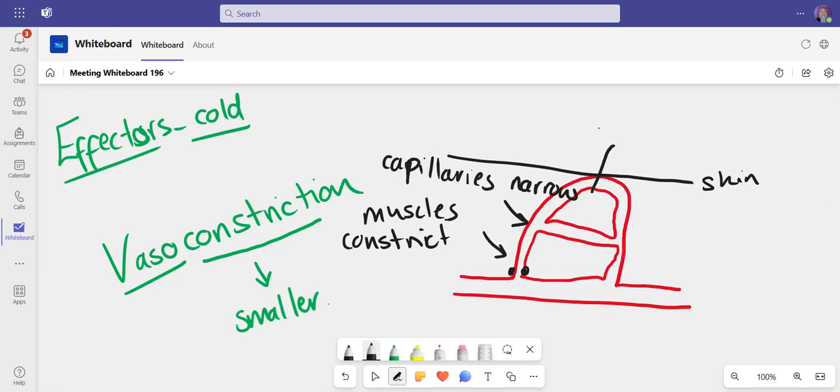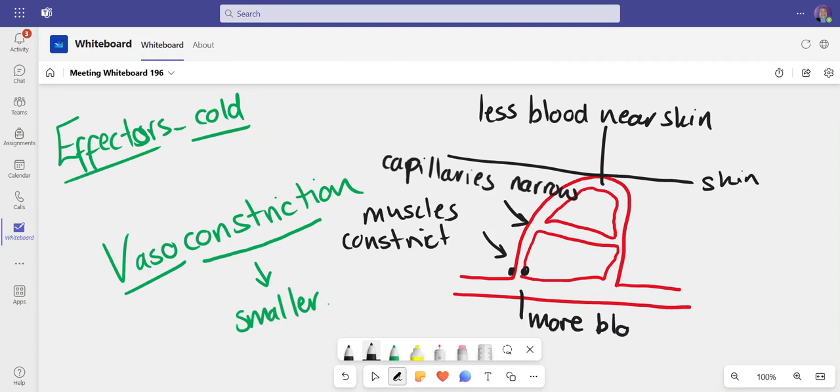So therefore, there's less blood into there. There's less blood near the skin. And there's going to be more blood going along the shunt vessel, which is away from the skin.